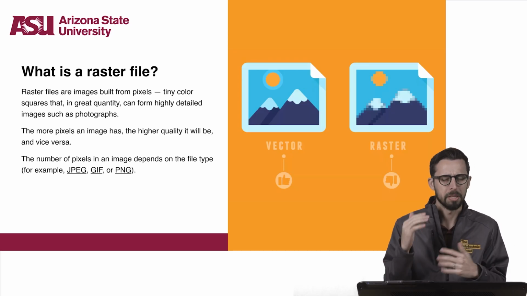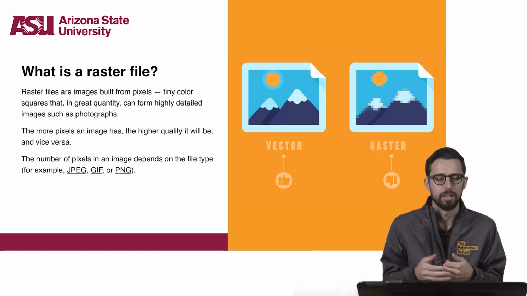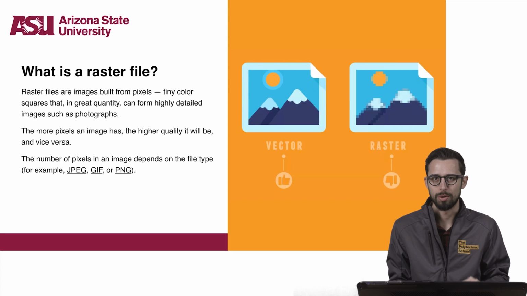We might even see some of that in this presentation. I've used some GIFs later on in the presentation, so you might see some of that come up just sort of as an example.